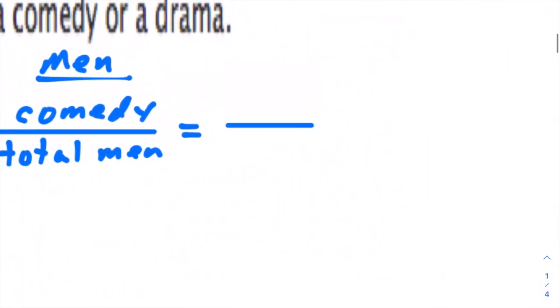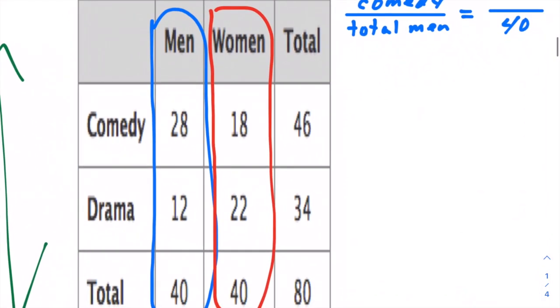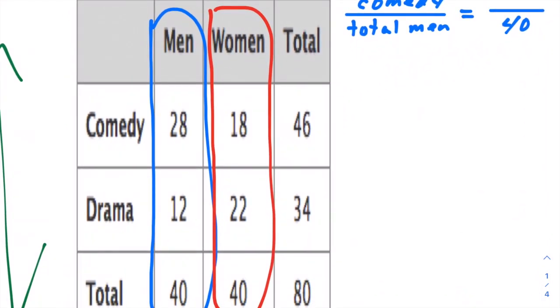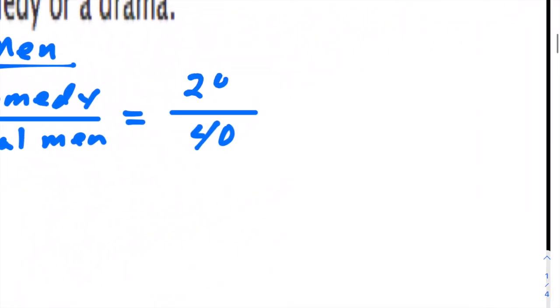How many men were surveyed? There were actually 40. Out of those 40 men, how many said that they like comedies? There were 28.